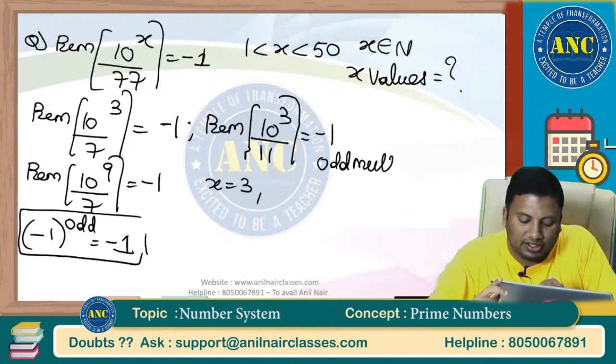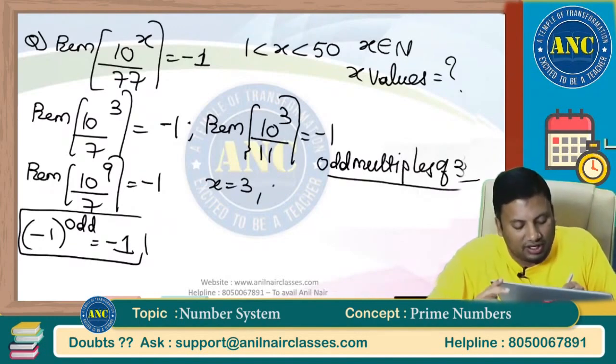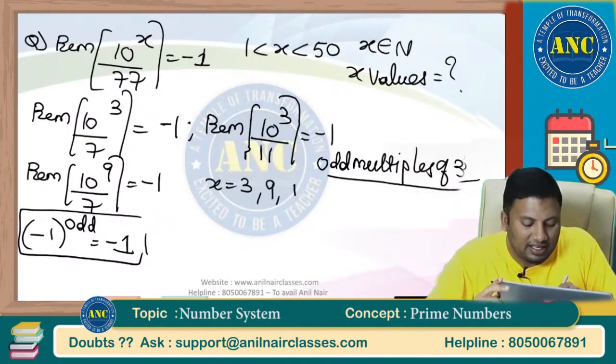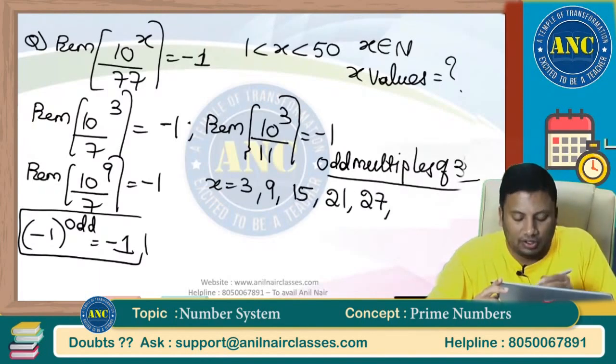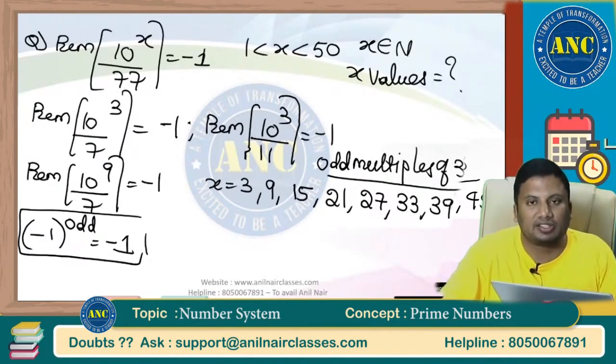What do you mean by odd multiples of 3? 3 1s are 3. 3 3s are 9. 3 5s are 15, 3 7s are 21, 3 9s are 27, 3 11s are 33, 3 13s are 39, 3 15s are 45. Every time there is an increase of 6.